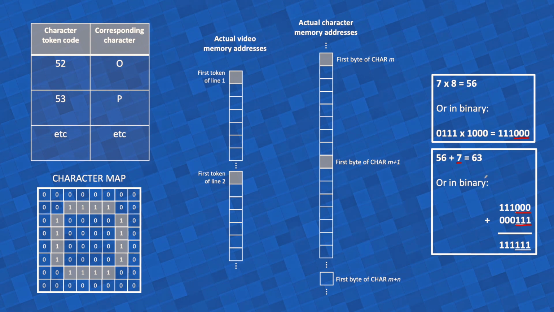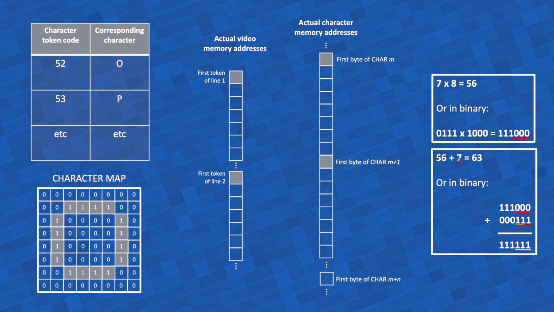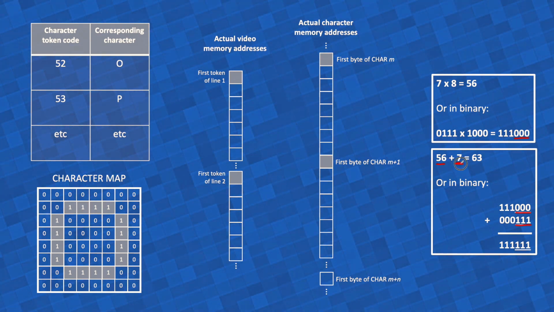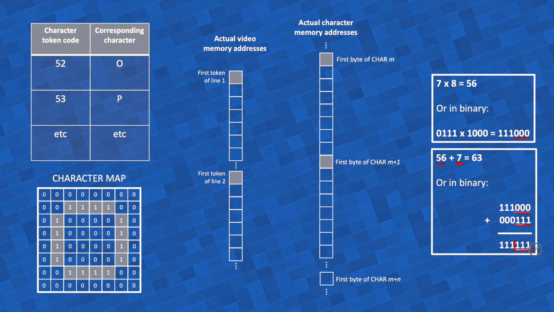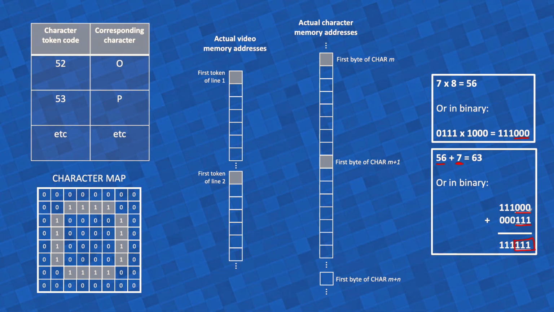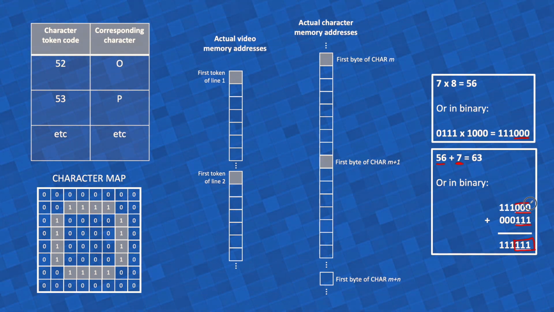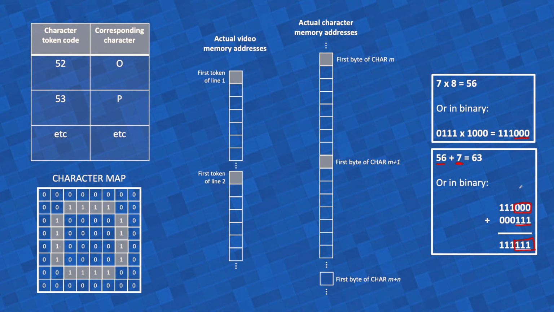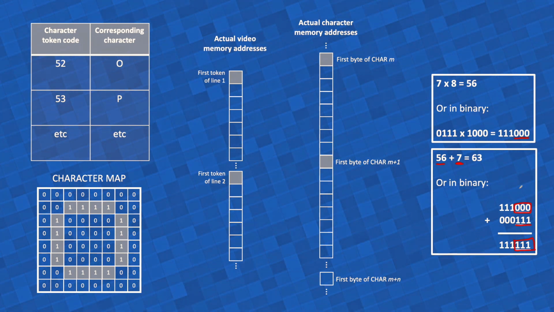So to add 0, 1, 2, 3, 4, 5, 6 or 7 to this, all we need to do is wire the bits corresponding to that number to the 3 least significant positions of the original operand. You just append the bits of what you're adding to these 3 positions, which you know are 0 because that's the result of a multiplication by 8. So the whole thing is taken care of merely by wiring.